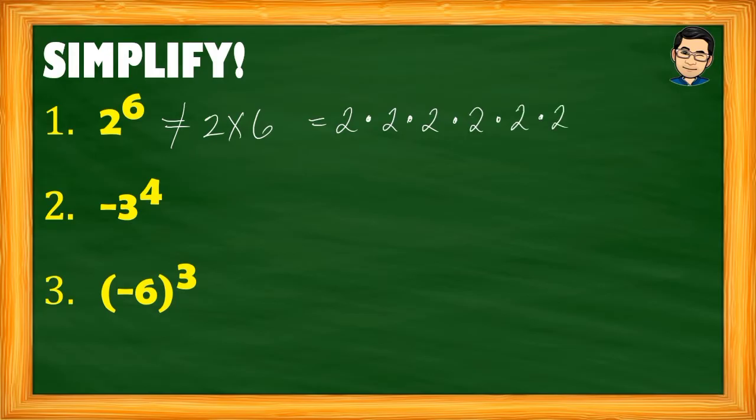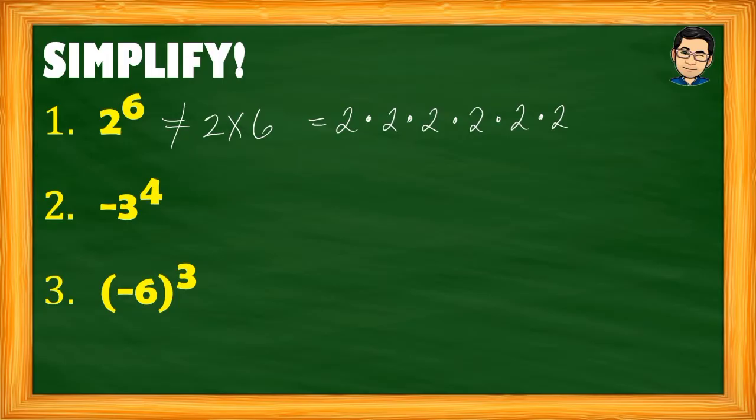Sa algebra po, yung dot sign, yung parang bullet, nag-i-indicate po siya as multiplication operation. Hindi kasi natin pwedeng gamitin dito yung x because mukha siyang variable. Yung mga letters po kasi in algebra, tawag po sa kanila is variable.